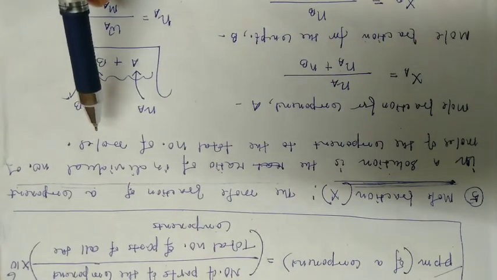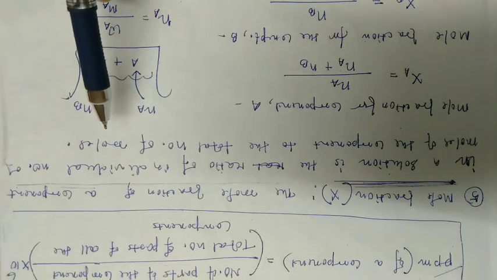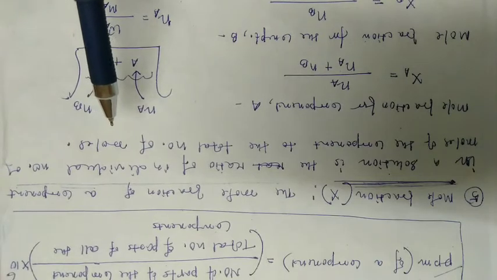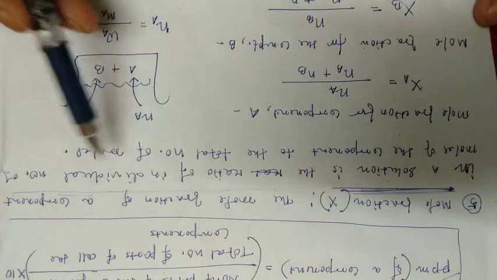That means to measure the mole fraction of a particular component in a solution, we have to divide the individual moles of the component by the total number of moles.